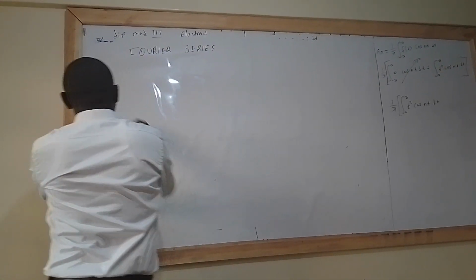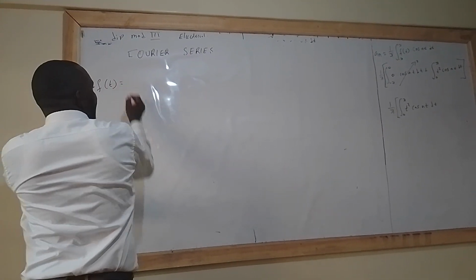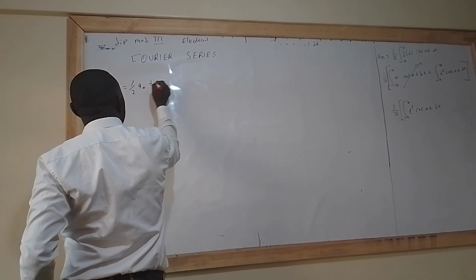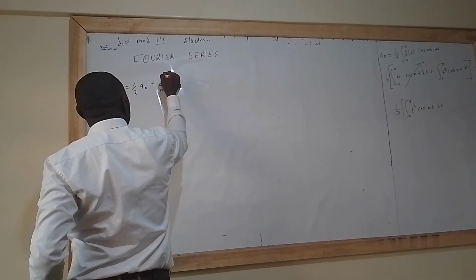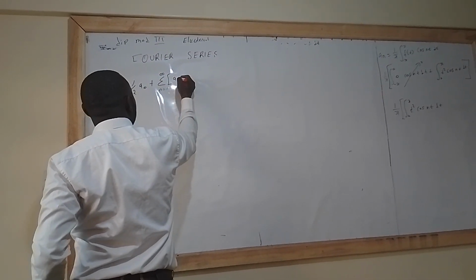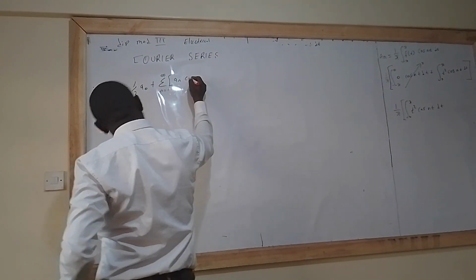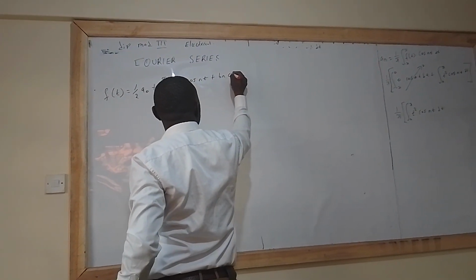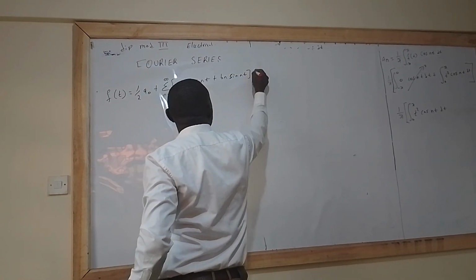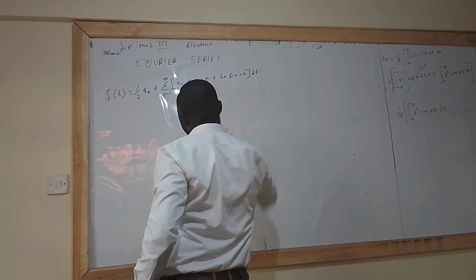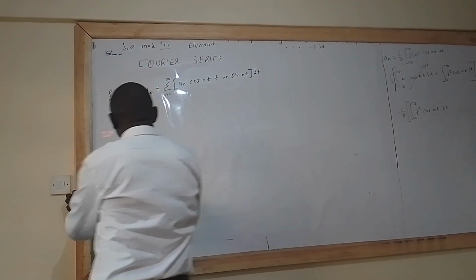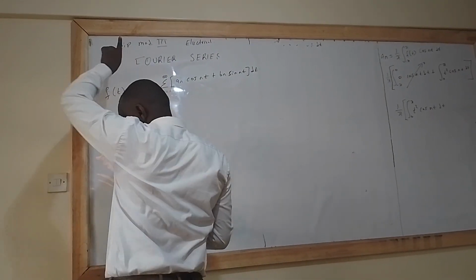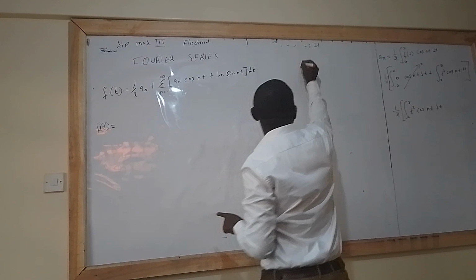So, the function f of t, our formula was f of t is equal to a half a naught plus the summation of n is equal to 1 to infinity, open the bracket, an cos of nt plus bn sine of nt, with respect to dt. Therefore, f of t is equal to a half a naught. What was the answer of a naught?